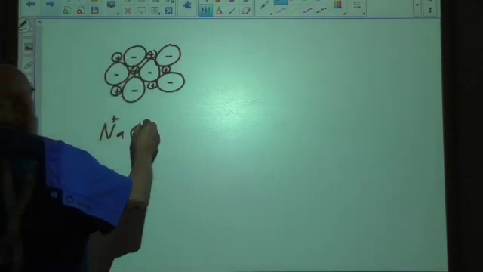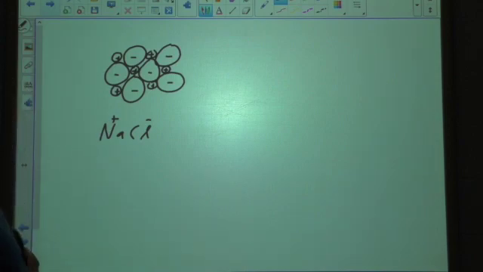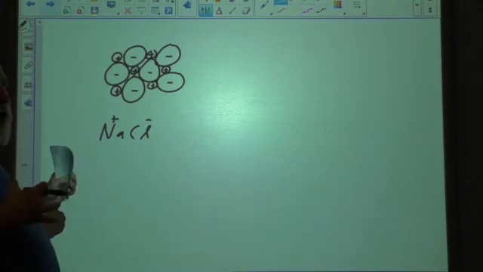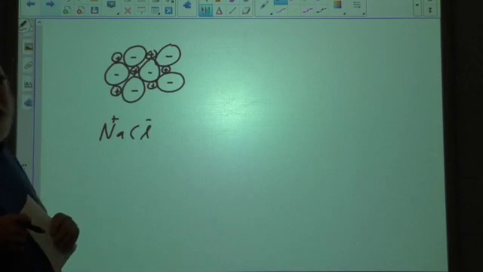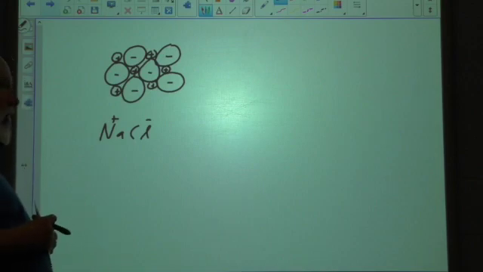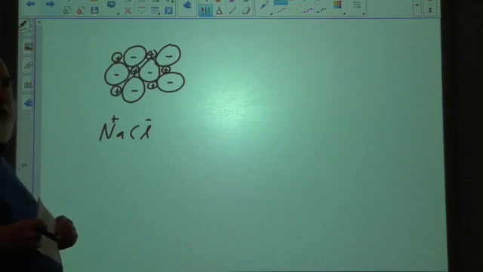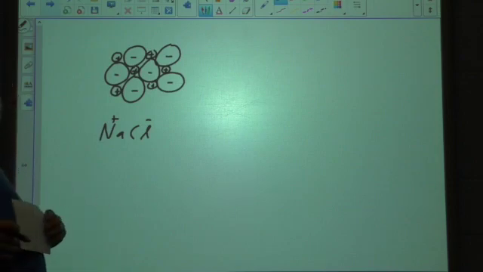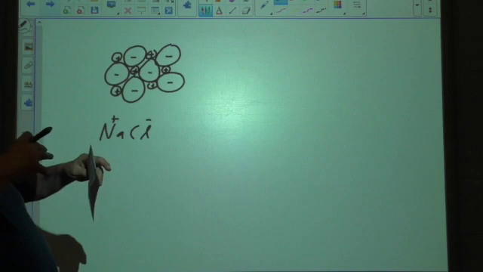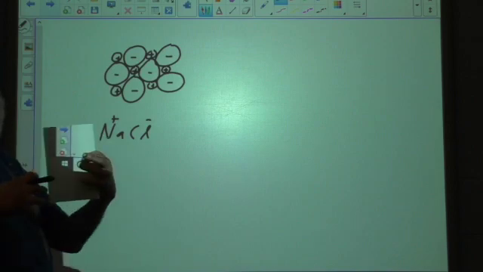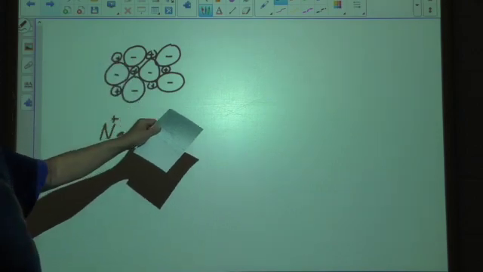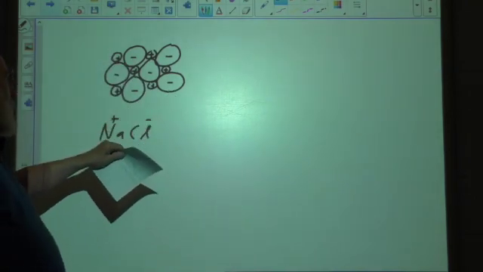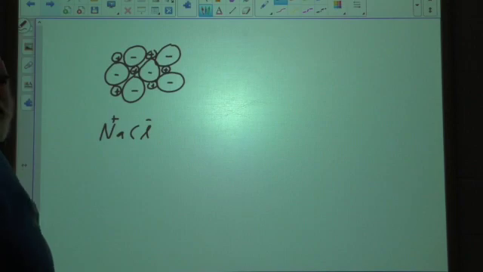The chlorine grabs that electron from the sodium and becomes really large because the pull of the protons in the nucleus is not nearly as good as if it had equal amounts of protons and electrons. So the electrons are pulling away, plus they don't like each other, and so they're repelled from each other, so they get really big. So there's no such thing as a molecule of sodium chloride. It is simply part of a large crystal lattice complex.